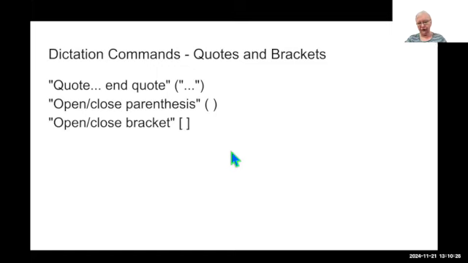If you want to have something with quote marks in it, you just say quote, and at the end of it, you say end quote. Just to be sure, when you say quote, you pause for a few seconds before you begin the quotation text.